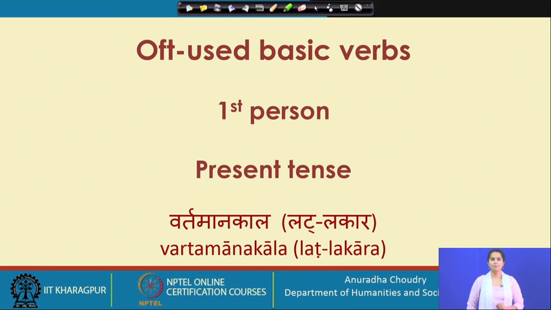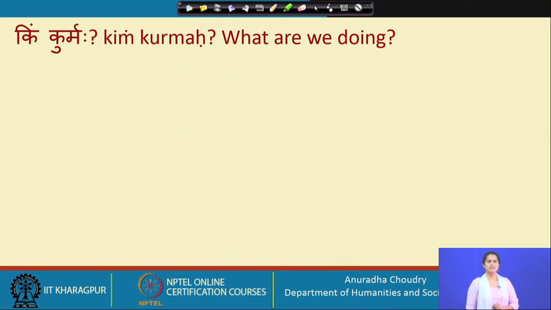Now let's move on. So what happens in the first person? Before that it is aham karomi, I do. And the question, supposing I had to ask myself, what do I do? Aham kim karomi? When it becomes plural, you remember the plural of aham was vayam.